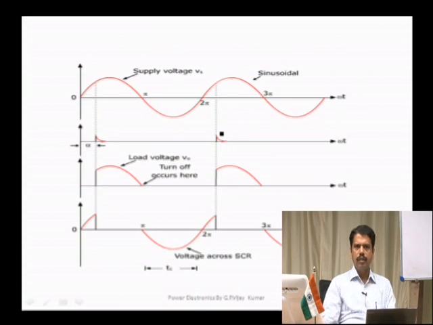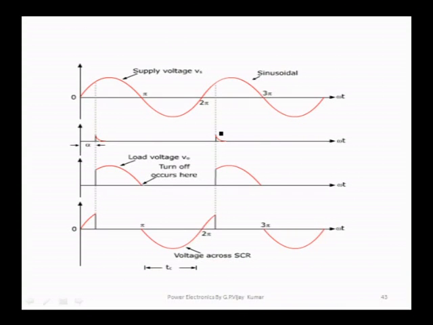This is how natural commutation works, just as a revision. Here the thyristor is fired using pulse firing. The voltage appears across the load during the duration alpha to pi. We have taken a resistive load. Again voltage appears in the positive half cycle of the second cycle.